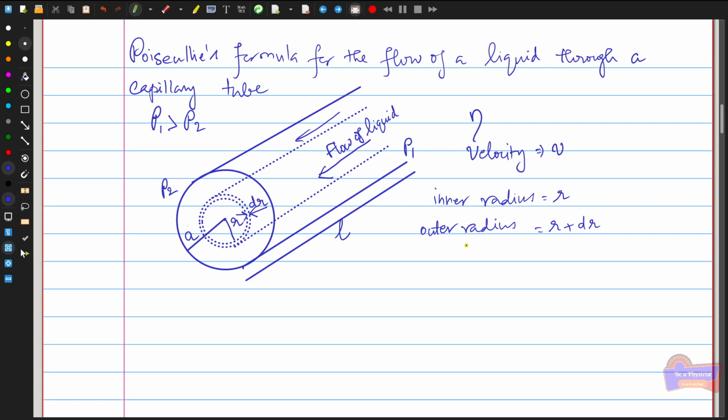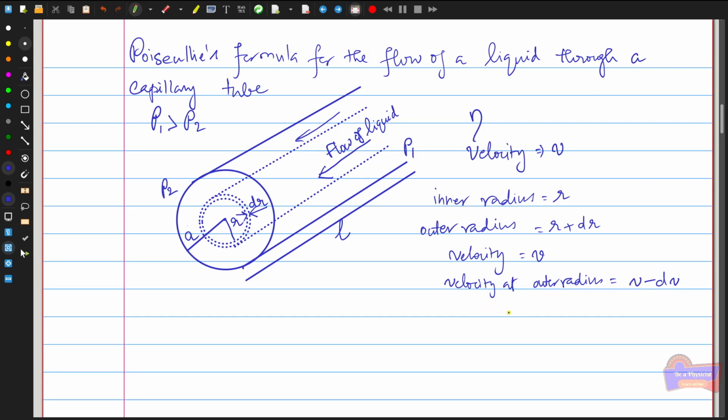The velocity of the liquid at the inner shell is taken as v, and the velocity at the outer radius is taken as v minus dv, because as we move away from the center the velocity decreases.